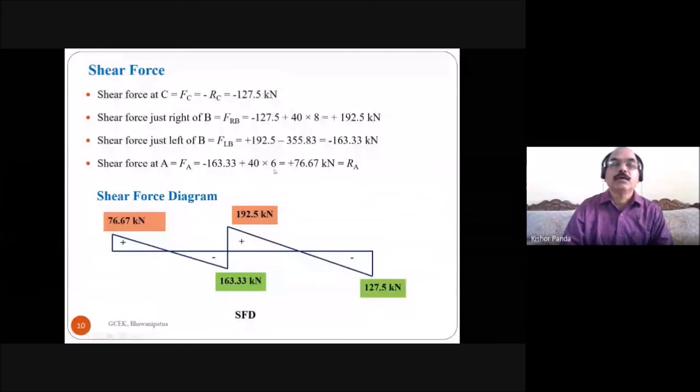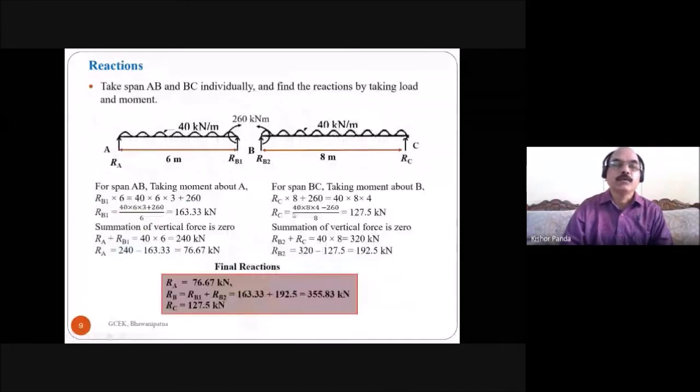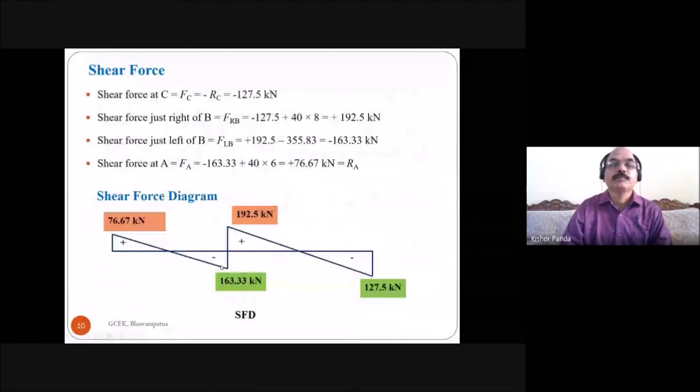This is equal to plus 76.67 kilonewton, which is equal to RA. Finally, the shear force at A will be equal to RA. This is the shear force at different positions of the continuous beam.